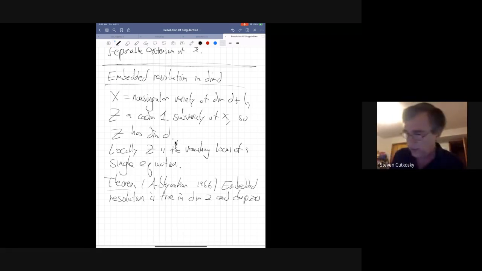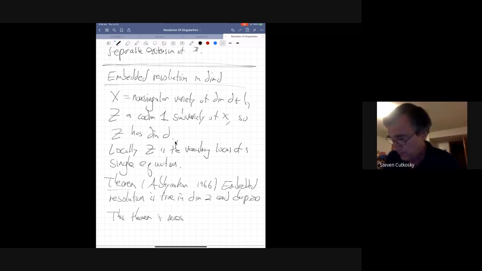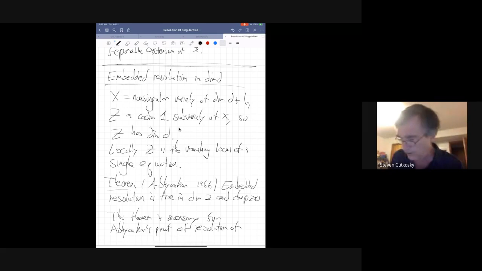And this theorem is necessary for Abhyankar's proof of resolution of singularities of threefolds.